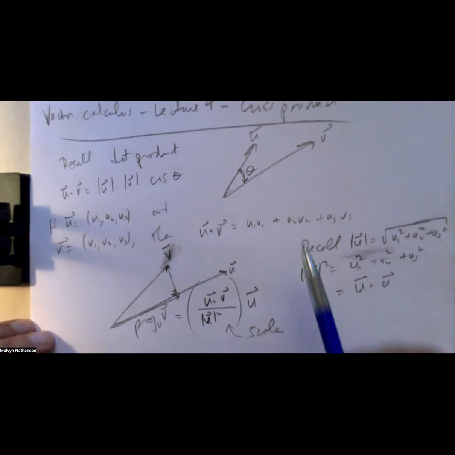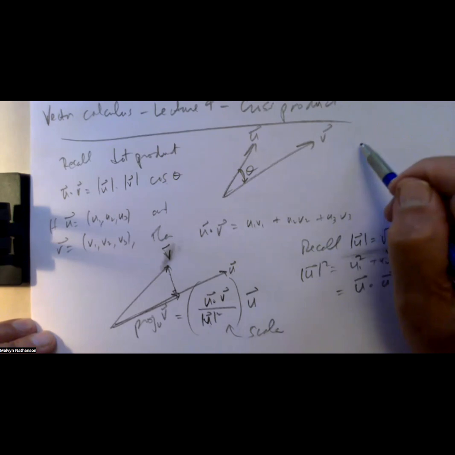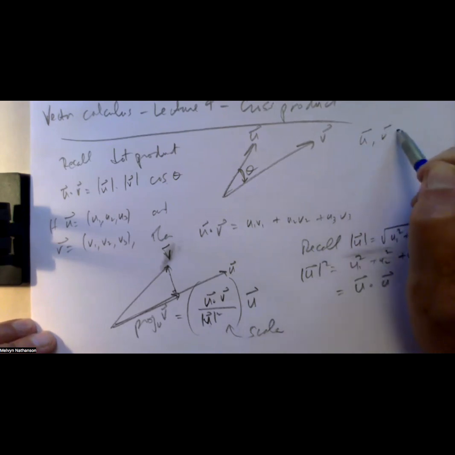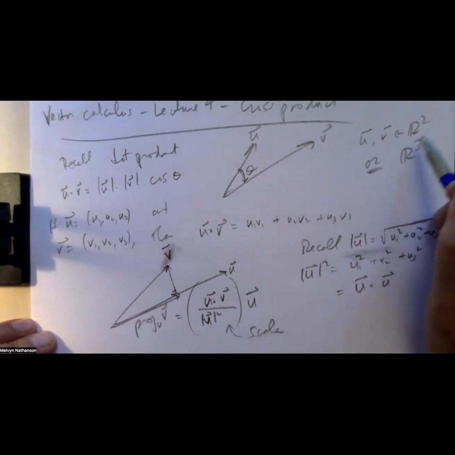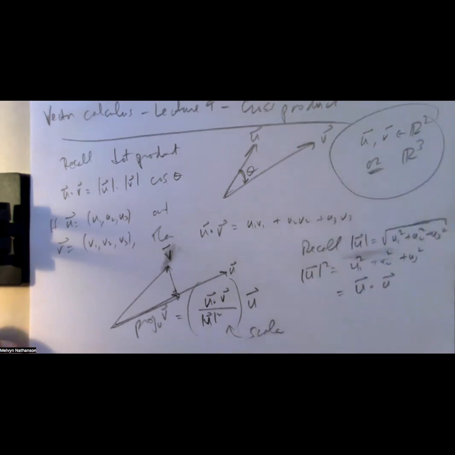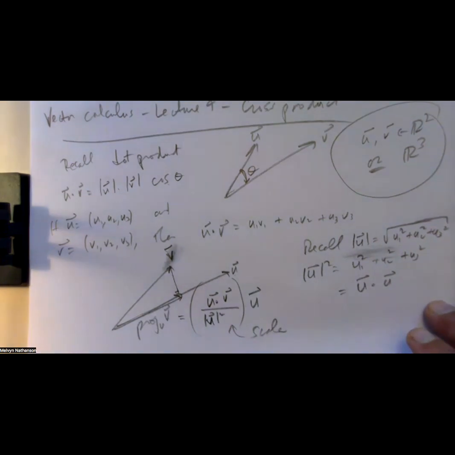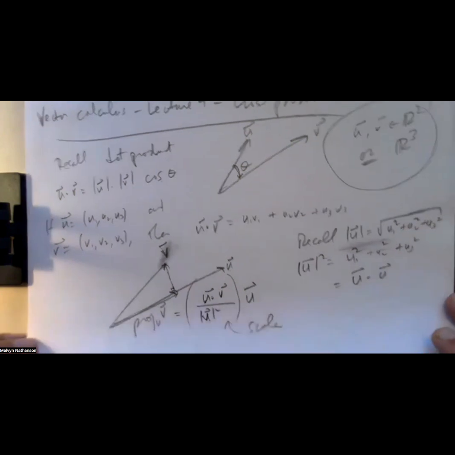Now, this makes sense in 2 or 3 dimensions. So u and v can be vectors in R2 or in R3. If the vectors are in R2, it's the same formula, except u3 and v3 are 0. But there's another multiplication of vectors whose product is a vector, and that's called the cross product.